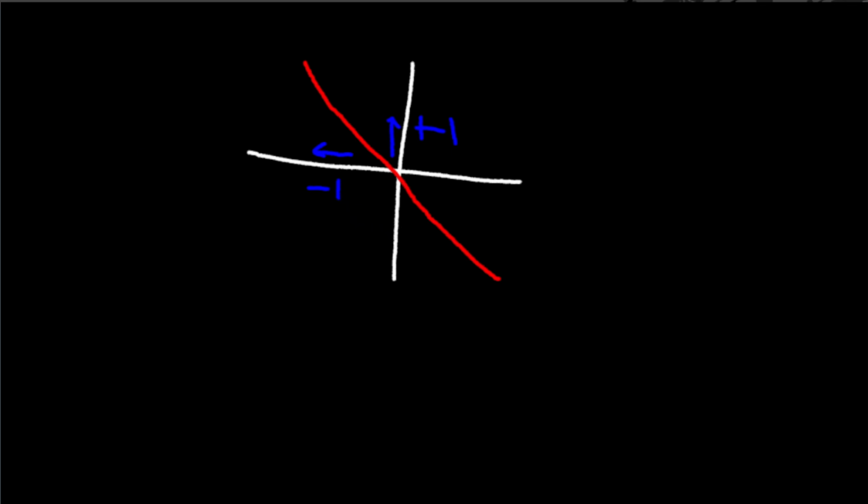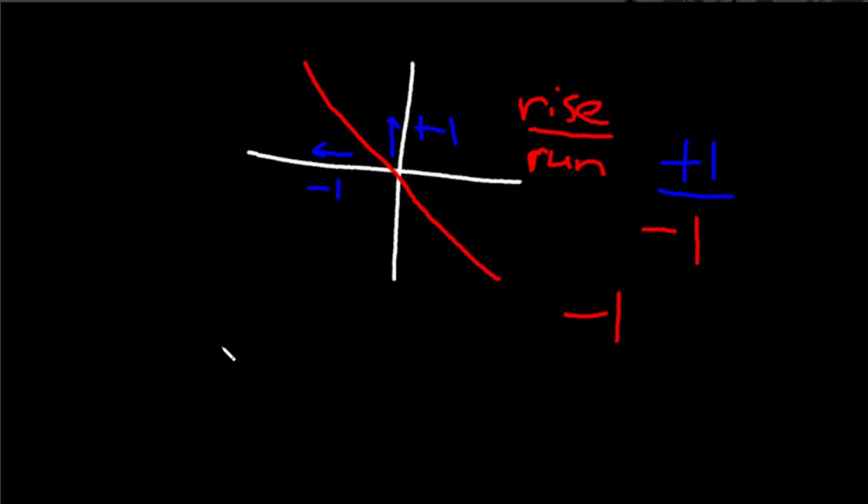So how you calculate slope will be the rise over the run. So it'll be +1 over -1. So this overall becomes negative. So the slope becomes -1.